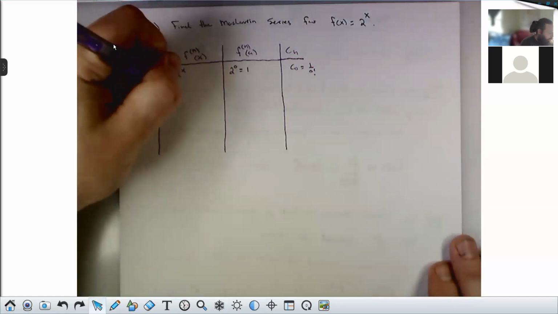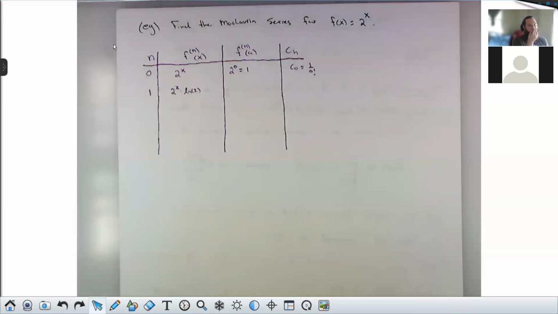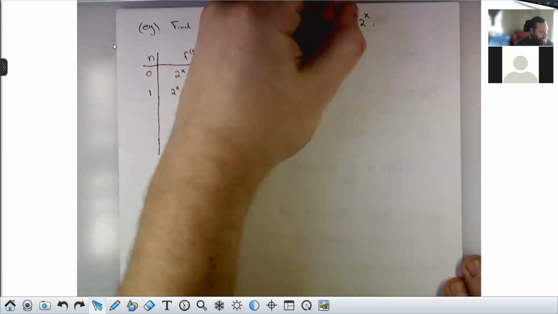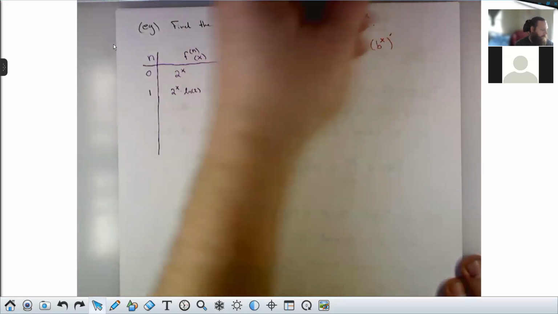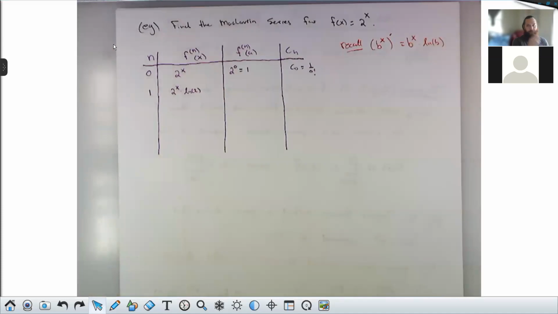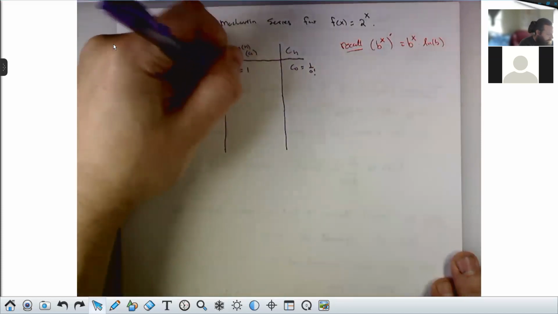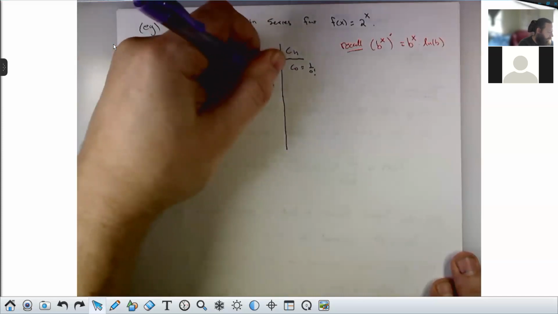Yeah, the derivative of 2 to the x is 2 to the x times the natural log of 2. In general, recall, if you differentiate b to the x, you get b to the x times the natural log of b. So the first derivative of my function here is 2 to the x times the natural log of 2. If I evaluate this at 0, I get 2 to the 0 times the natural log of 2, which is just natural log of 2.